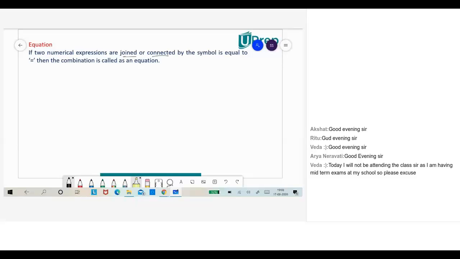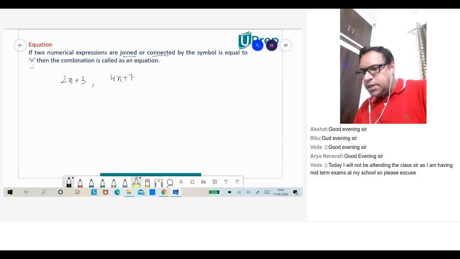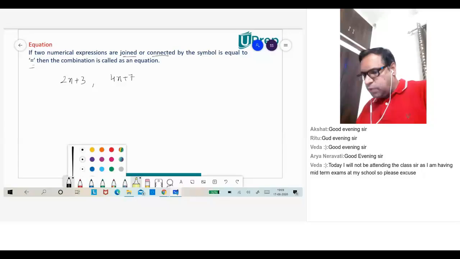For example, let's take two expressions. I have one expression, 2x plus 3. Let's say I have another expression, 4x plus 7. Now, if these two expressions are connected with the equality symbol, it's 2x plus 3 is equal to 4x plus 7.